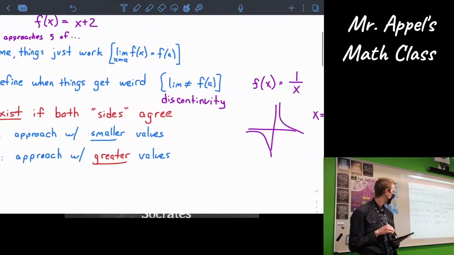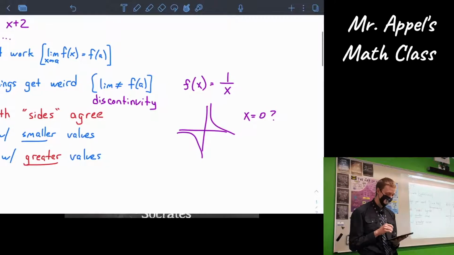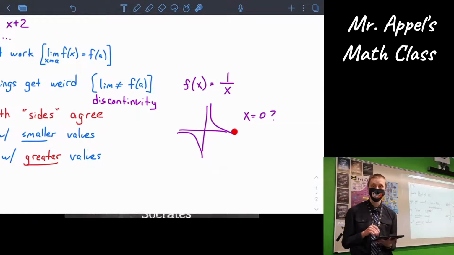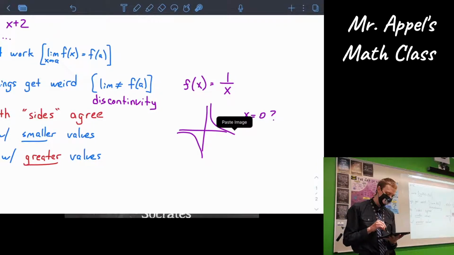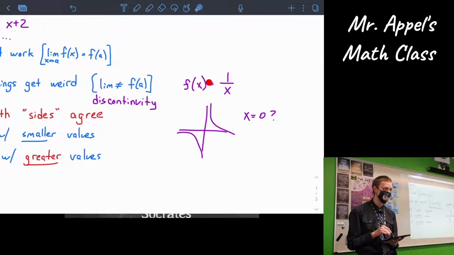So take a look again at our 1 over x. If I approach from the left, that means start at the left side of the graph, draw along the graph, and it goes down, down, down, down towards negative infinity, right? If I start on the right side, go towards 0. It goes up, up, up, up towards positive infinity, right?